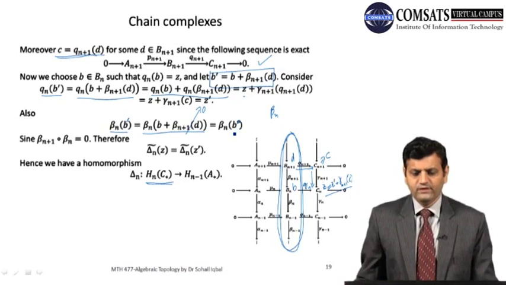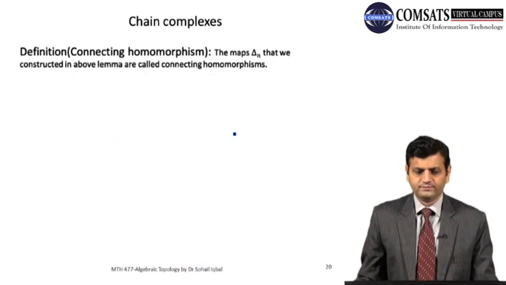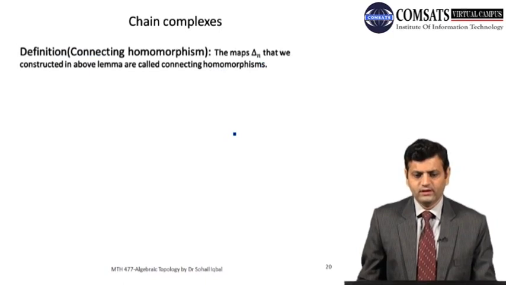So that's why we have a well-defined homomorphism from Hn of C star to Hn minus 1 of A star. Now the maps delta n that we constructed in the above lemma are called connecting homomorphisms.